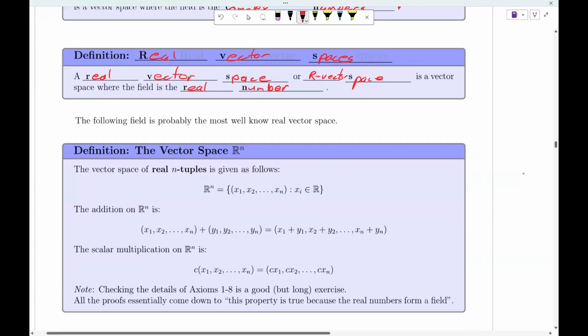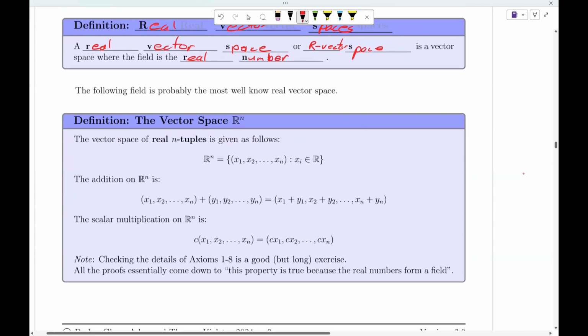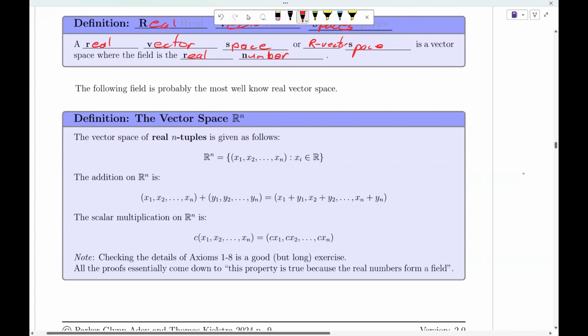And this leads to probably the most well-known vector space, and when you think about vectors, probably the thing you're looking at. It's the real n-tuple vector space. Now, we have an analogy for the C^n: the vector is the set of x1 through to xn, where xi is an element of the complex numbers.